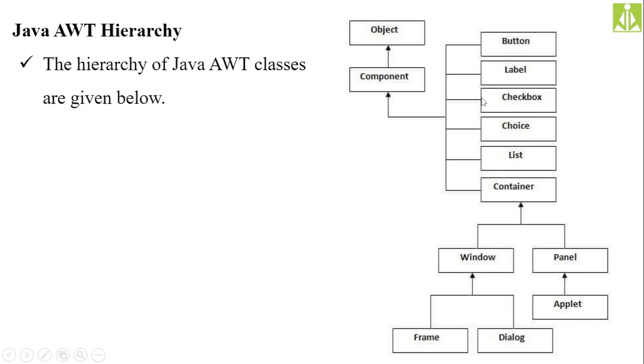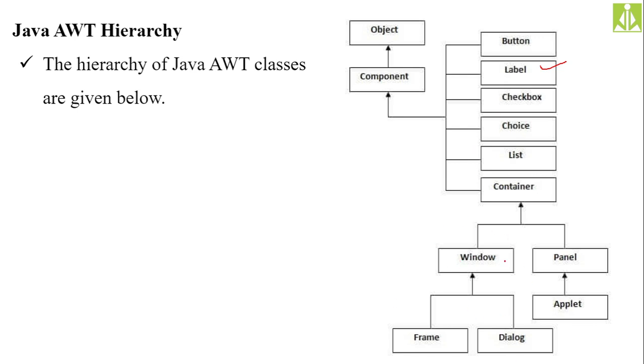This Label is used in order to print a message on the GUI interface. To print any message you want, you have to create an instance of this Label class in your program.